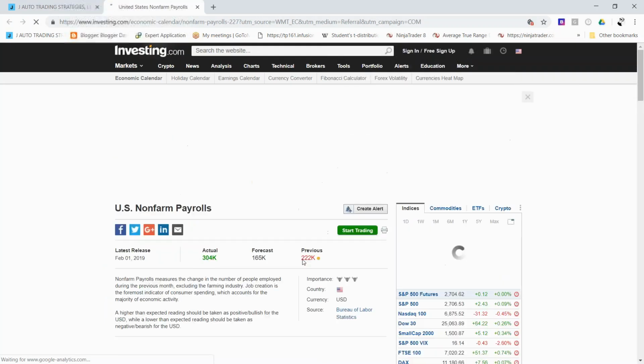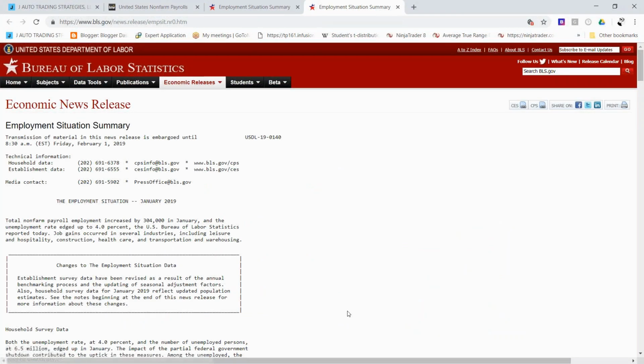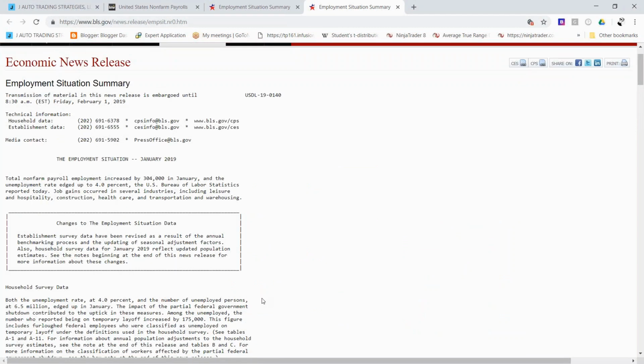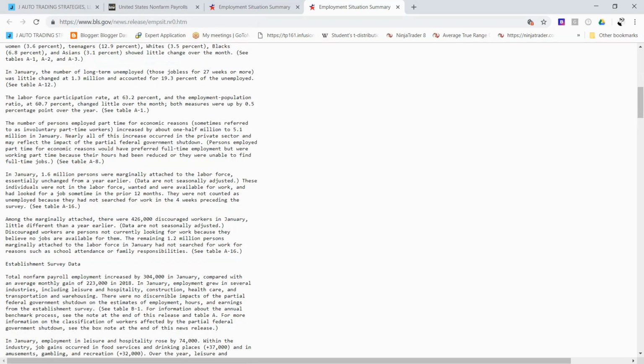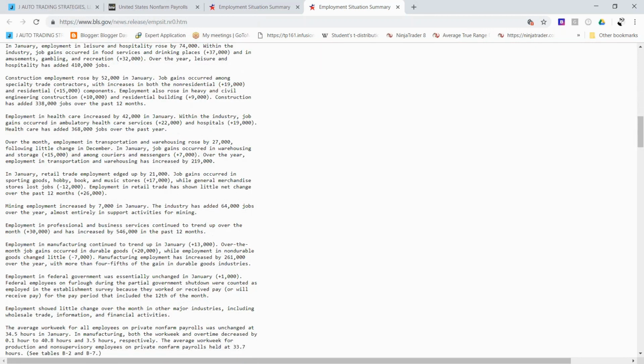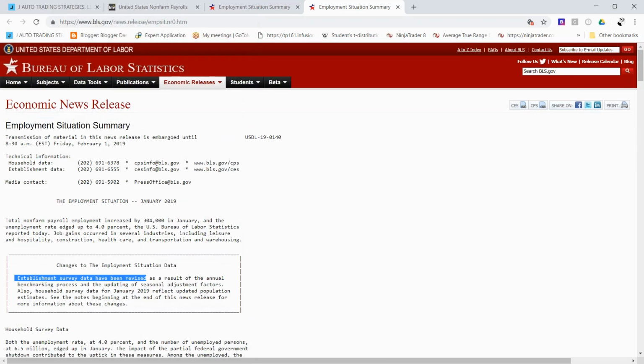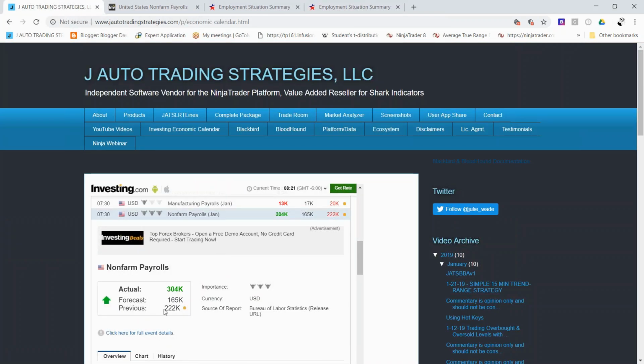But if you go inside the report from the Bureau of Labor Statistics, you will notice that there was a little bit of that January seasonality adjustment, as well as establishment survey data revisions from November and December. November and December lost 70,000. And I'm wondering if that 140,000 is what ended up in the January, is what I suspect happened. And that would have put us exactly where they were expecting it to be versus what we got, or very closely.